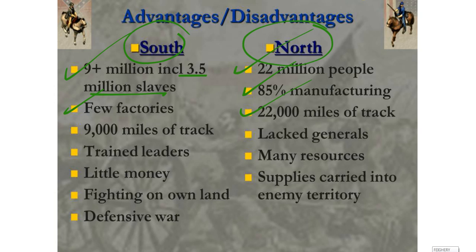The North had 22,000 miles of railroad track, while the South only had 9,000 miles.